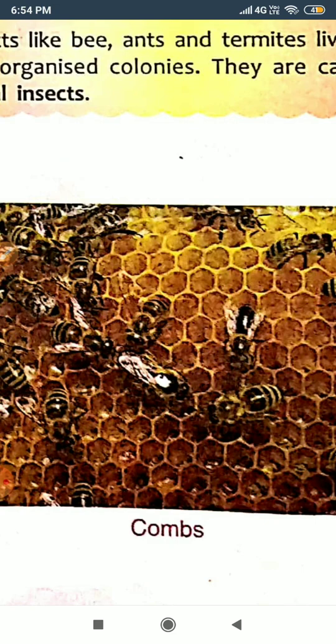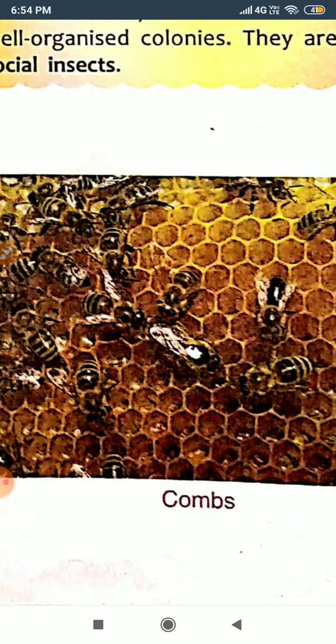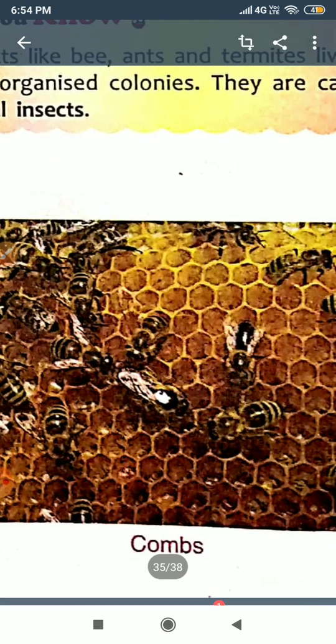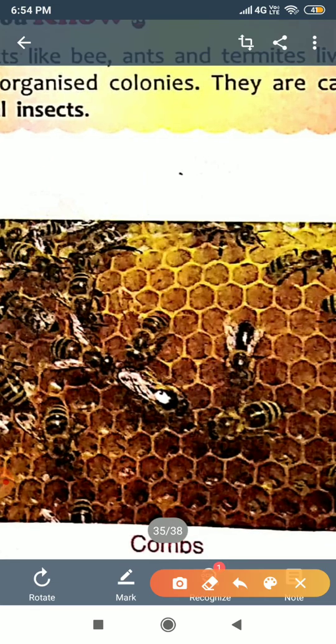So many six-sided chambers are there, and these six-sided chambers are called what? Combs. So what is a comb? A beehive has six-sided chambers, and each chamber is called a comb. So many combs are there.